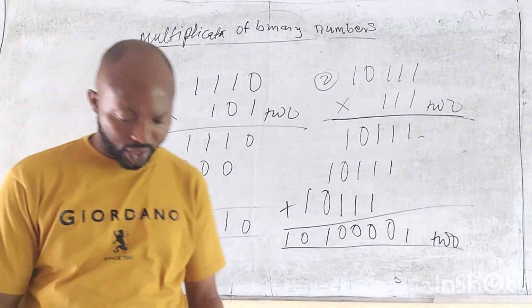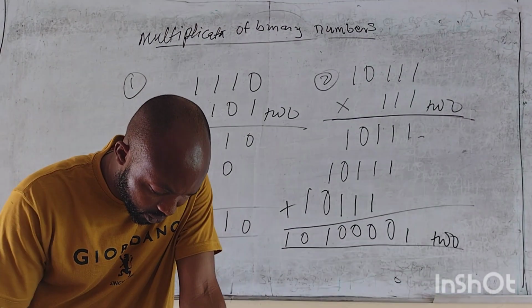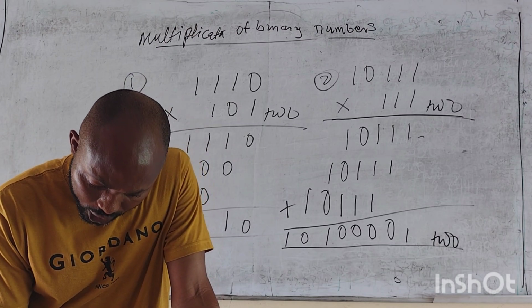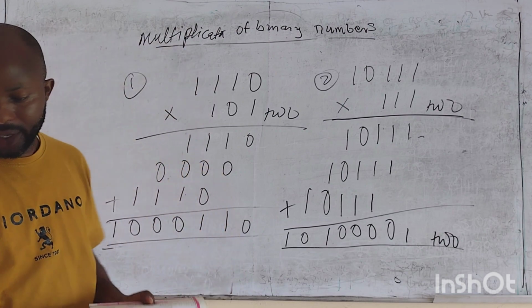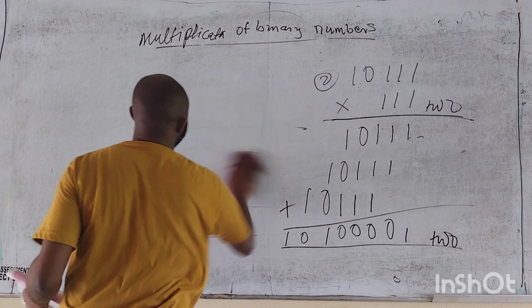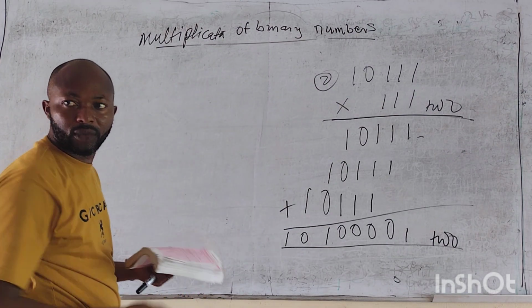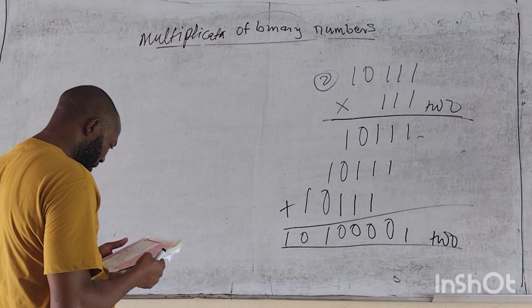Okay, let me look for one that has to do with decimal to multiply. Okay, now multiply this. So let's take another one.